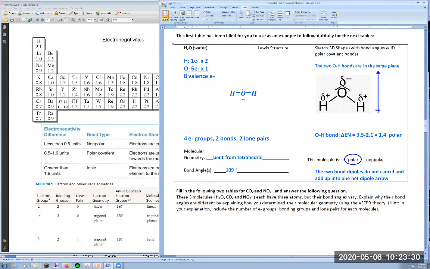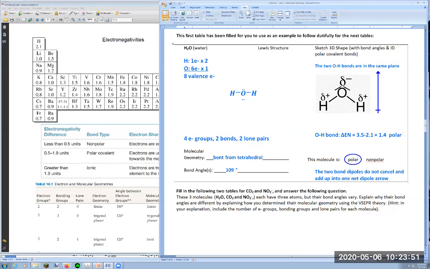And then the final thing you need to do is to decide if the molecule as a whole is polar or not. Here, when you see the delta pluses and delta minuses, there's no way it's going to cancel. They are in opposite directions.